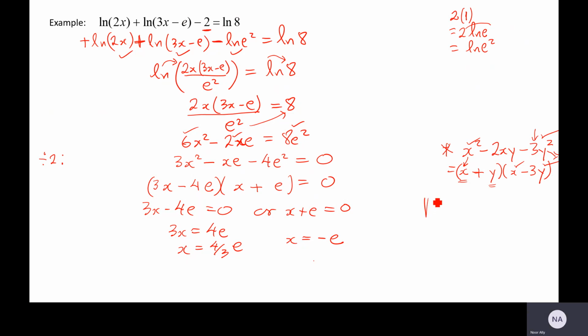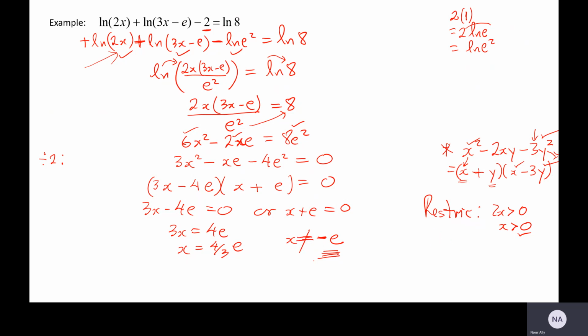What do we still have to do? Restriction. What's the first restriction? 2x greater than 0. Divide by 2, x must be greater than 0, which immediately cancels off this because this is a negative value. This is x greater than 0, so x cannot be equal to minus e.